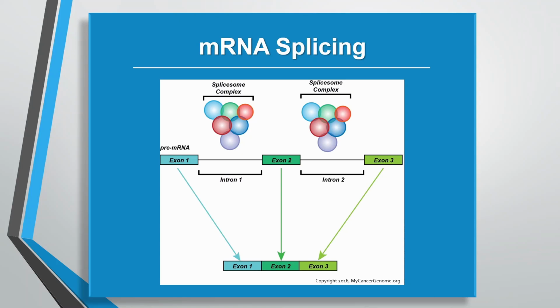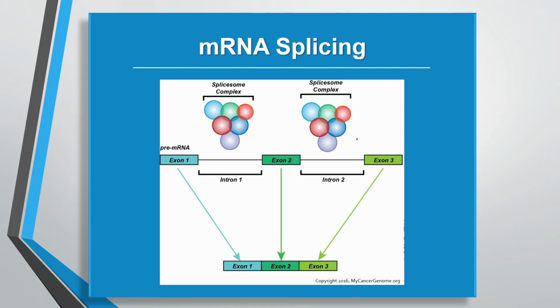Spliceosomes consist of units of small nuclear ribonucleoproteins, which are composed of RNA molecules and proteins. These small nuclear ribonucleoproteins are RNA molecules that act as catalysts for the cutting and splicing process.